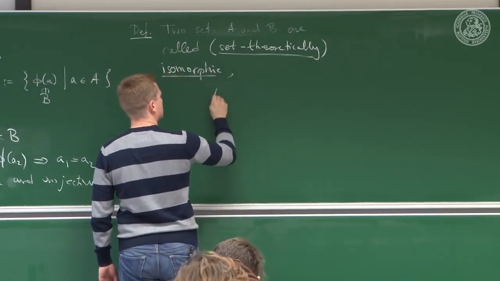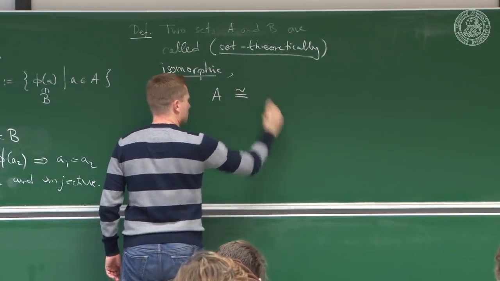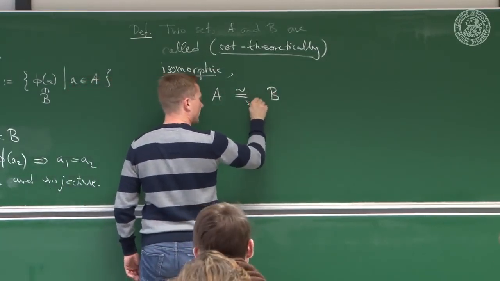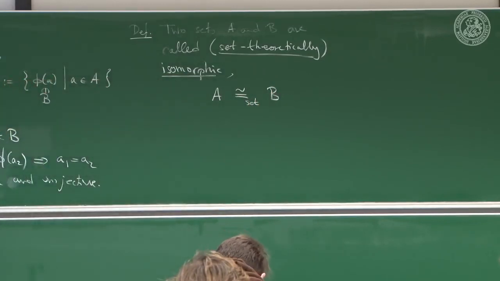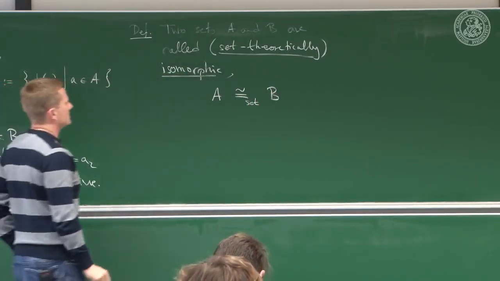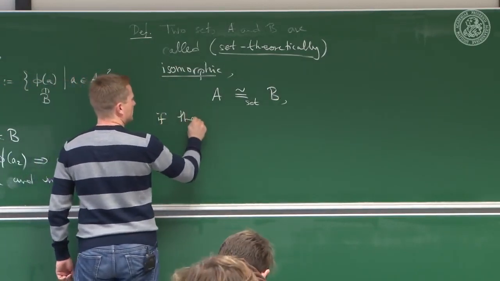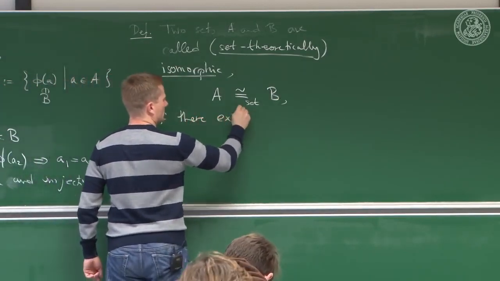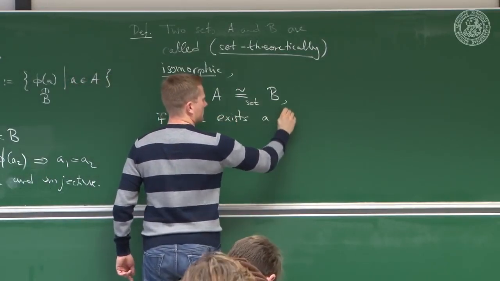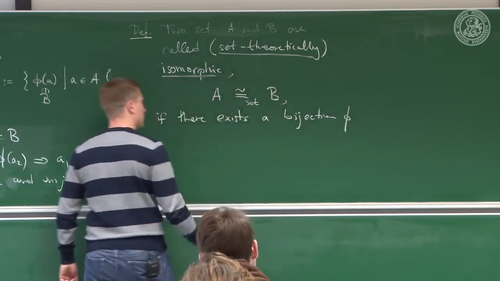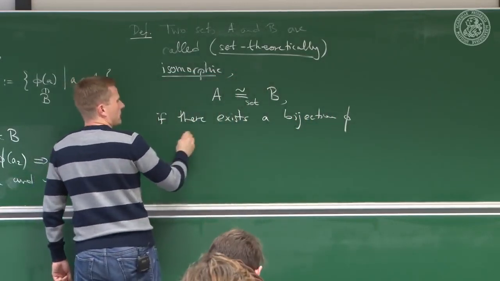And for this we write A equal with a twiddle on top B, with the qualifier set as a subscript. It's called isomorphic if there exists a bijection, let's call it phi, from A to B.